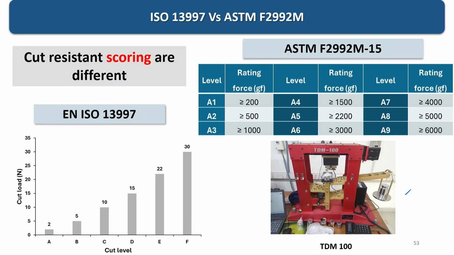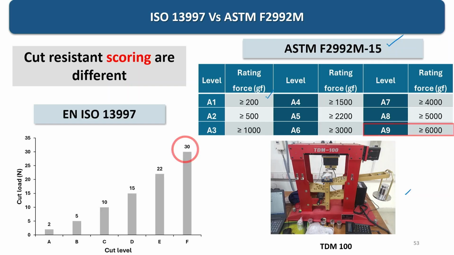Similarly, for ASTM, if it is more than or equal to 200 gram force, it will be A1. Similarly, A9 is the maximum cut protection. If it is more than or equal to 6000, then it is A9.